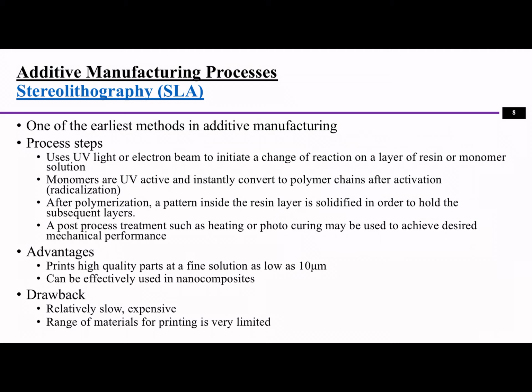Under UV light or an electron beam, an advantage of this SLA process is that it provides very fine resolution of the product, as low as 10 microns, and it can be effectively used in nanocomposites, because the light and electron beam can be controlled very precisely, and the material is there.